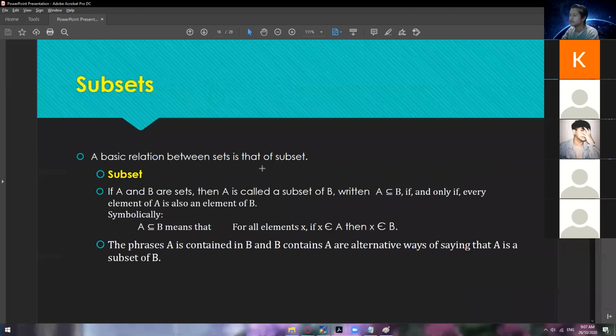Okay, so moving on, let's talk about subsets. So subset is a basic relation between sets. Ito yung pinaka-definite or pinaka-technical definition ng subset natin.